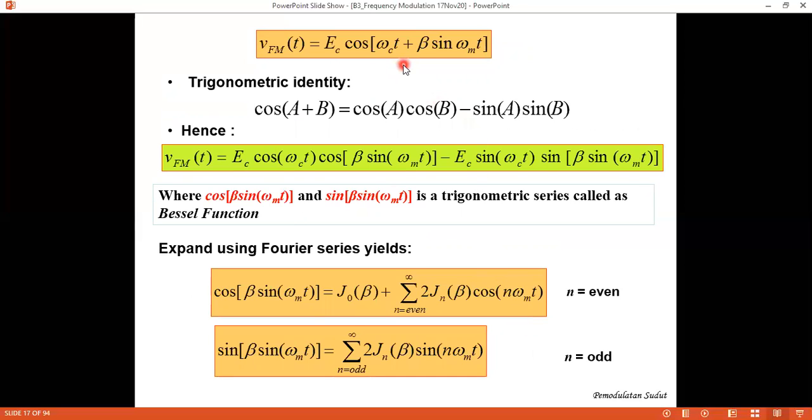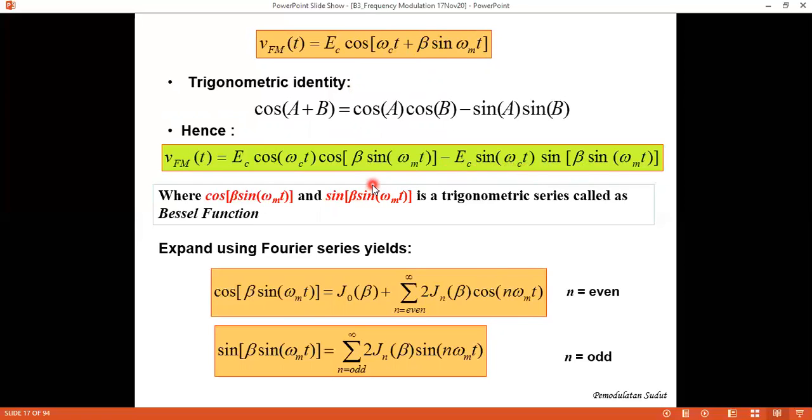Then we expand the cos(omega_c t plus beta sin omega_m t) using the identity cos(A plus B), where cos(A plus B) is equal to cos A cos B minus sin A sin B. So then our equation becomes Ec cos omega_c t cos(beta sin omega_m t) minus Ec sin omega_c t sin(beta sin omega_m t).